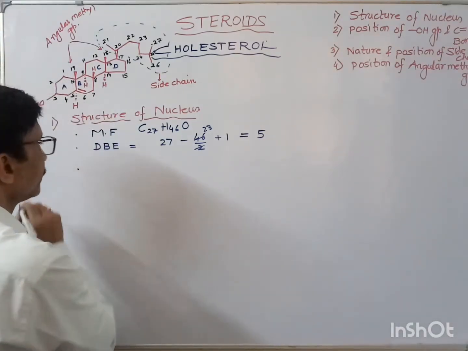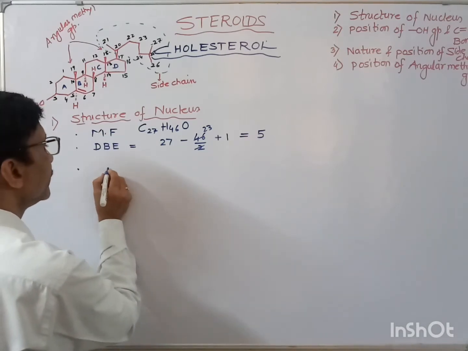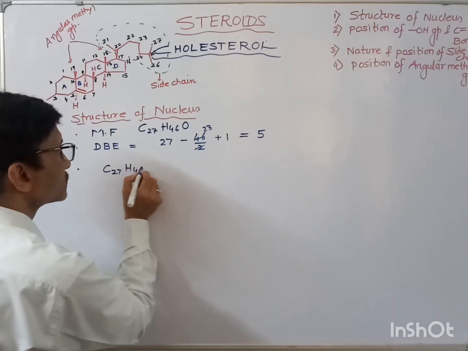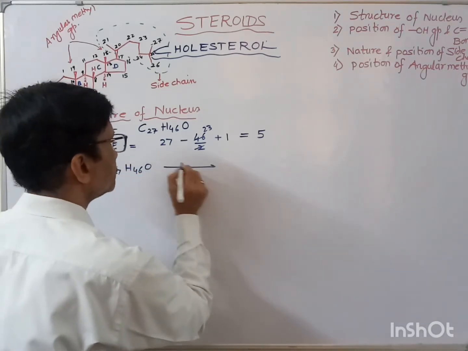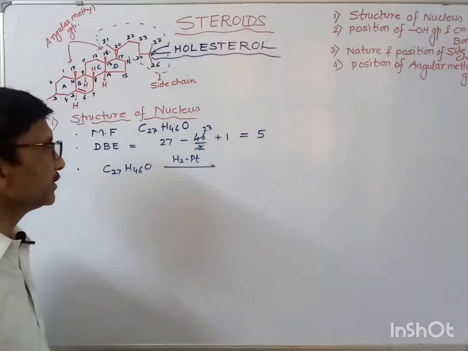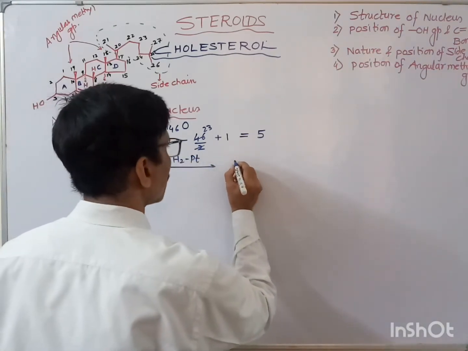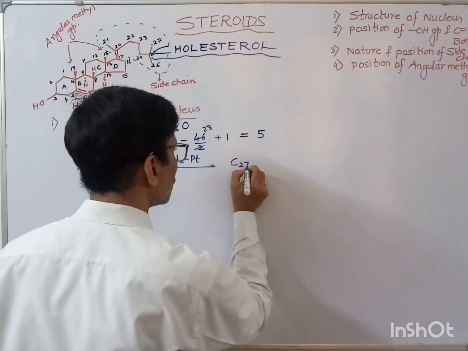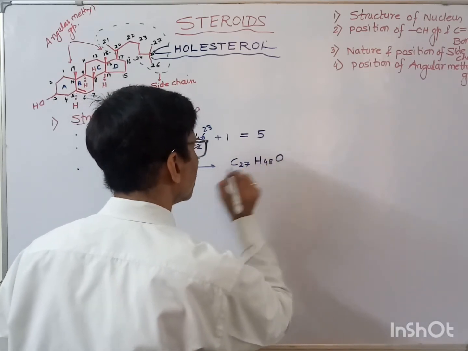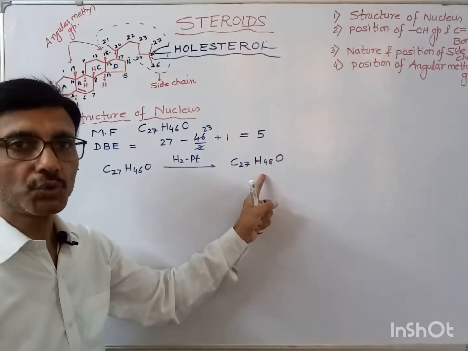Now the next thing that we will see: when this cholesterol is treated with H2 and platinum catalyst, that is, when hydrogenation is done, then it was found that the molecule obtained has the formula C27H48O. Okay, it means the number of hydrogens has increased by 2 here.